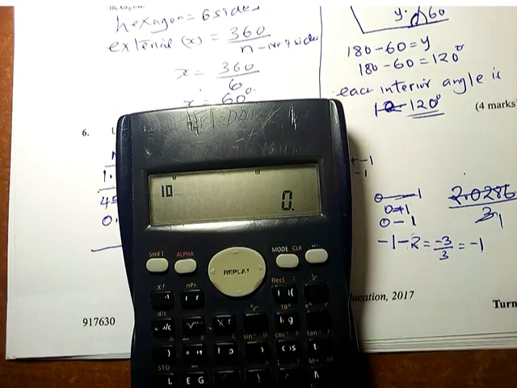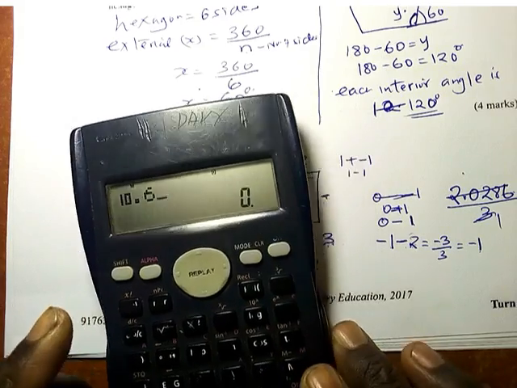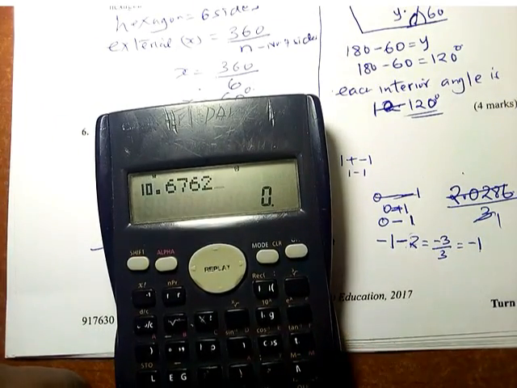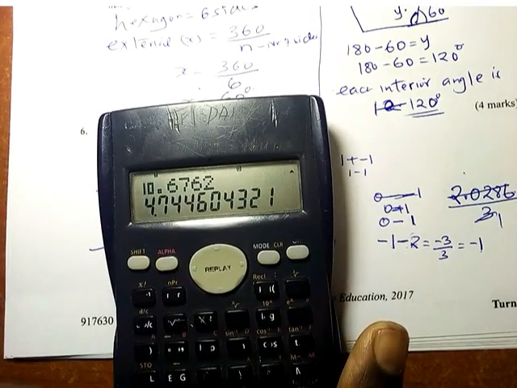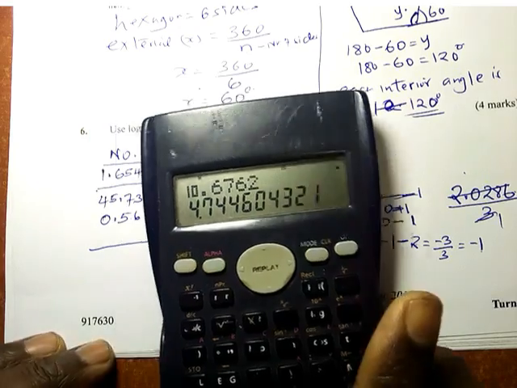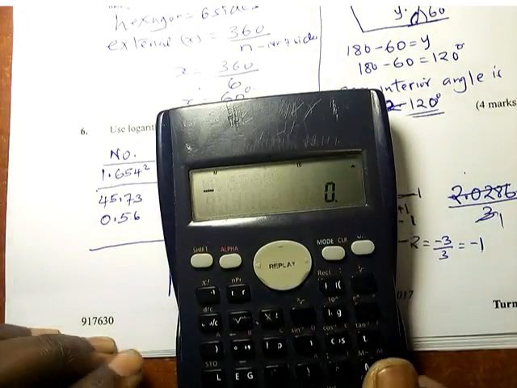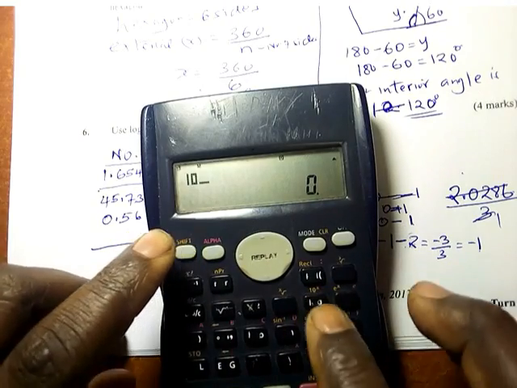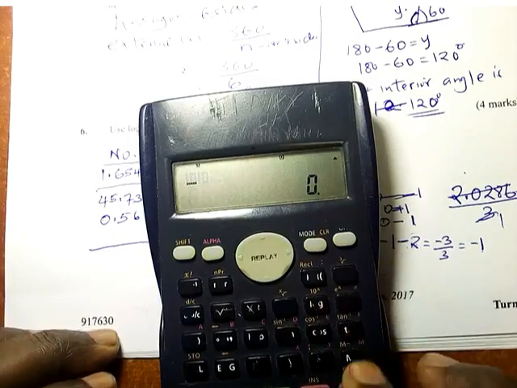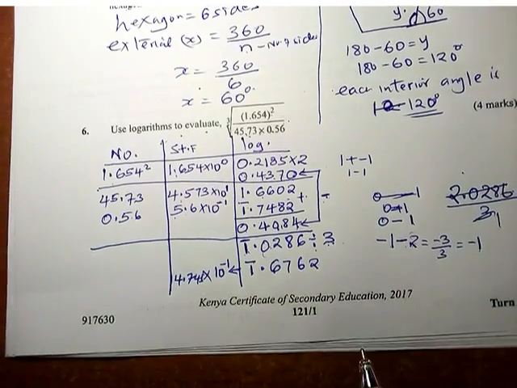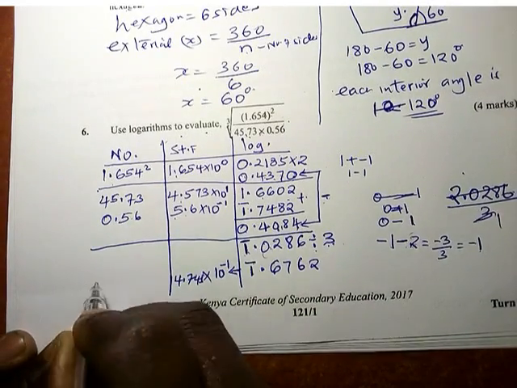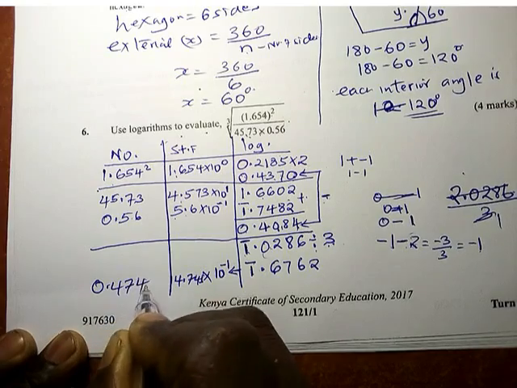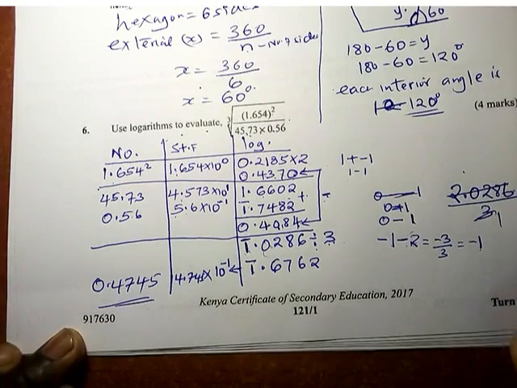Type 0.6762, you press OK, it gives you 4.7 like that. So to get the nth log, you shift and then log. So the final answer here is 0.4745, and that is the final answer.